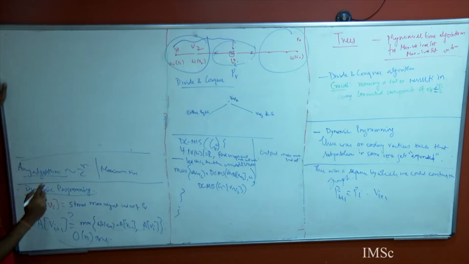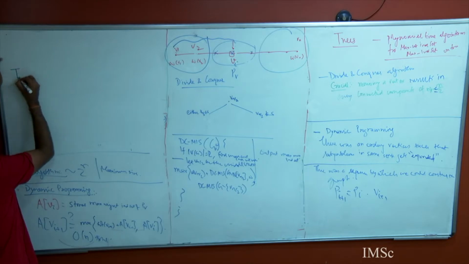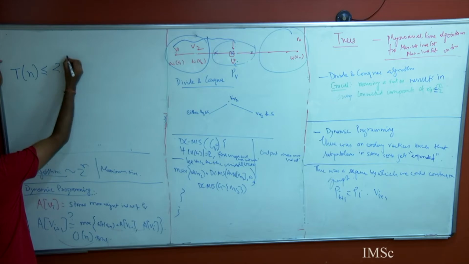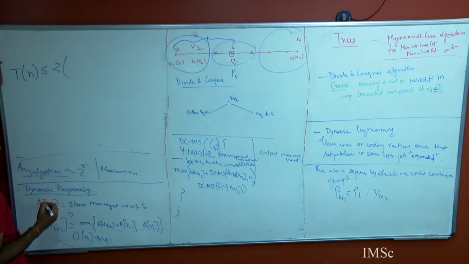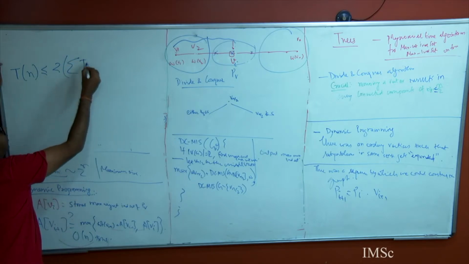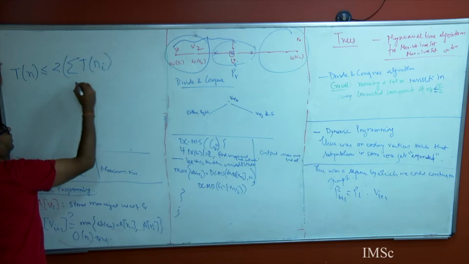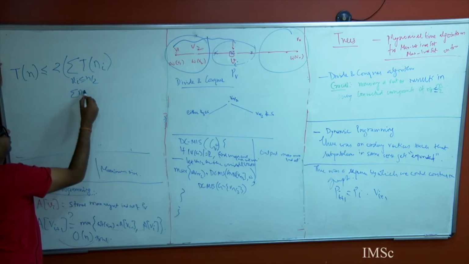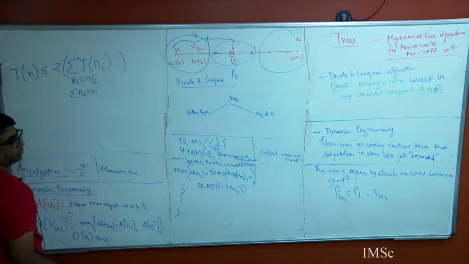Then my running time will be, notice, right? Either this vertex will go into the solution or this vertex will not go into the solution. Now my recurrence will be T of n is less than or equal to 2 times, roughly, the summation over T of n_i, where n_i is at most n over 2, and the summation of n_i is equal to n, roughly like this.